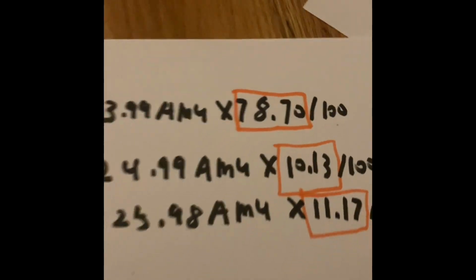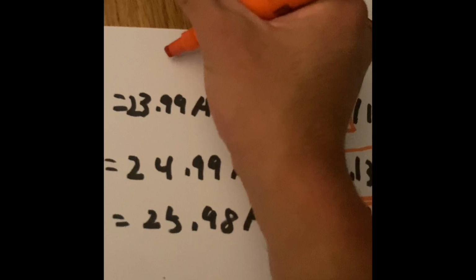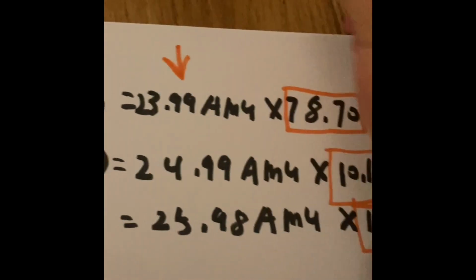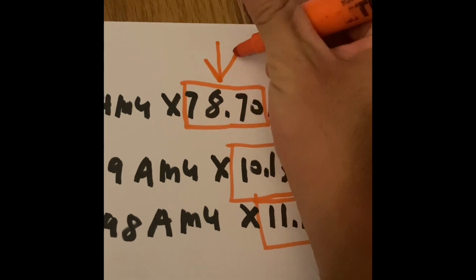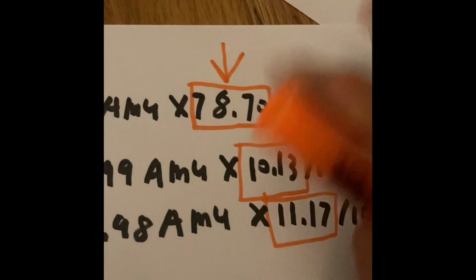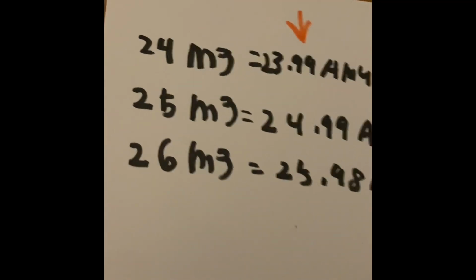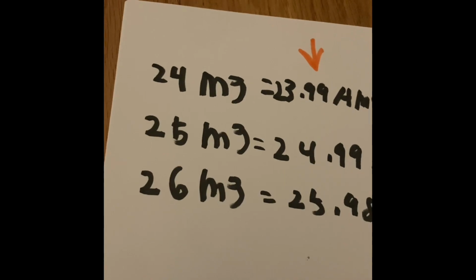Basically, we have two things we have to insert into a formula: the atomic mass units, and the abundance of each element, which has a huge effect on the average atomic mass.